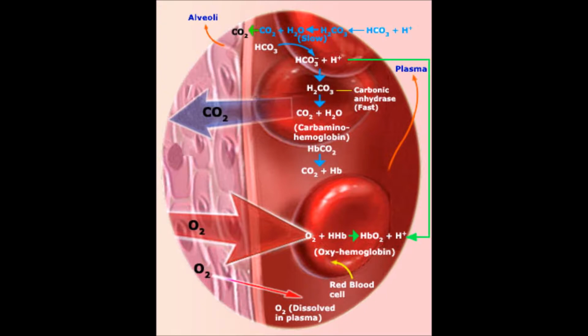This process is called oxygen unloading. You will also see the term oxygen dissociation. That's the technical term for it, but quite often you can say, well, they got to unload the oxygen.